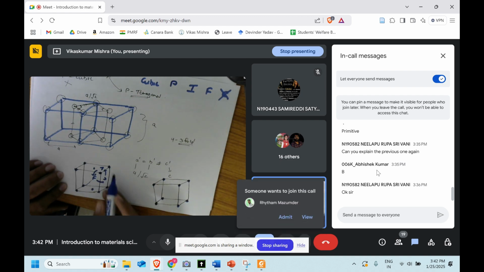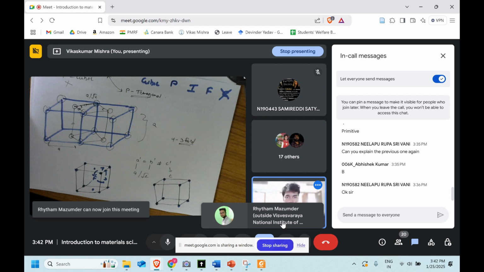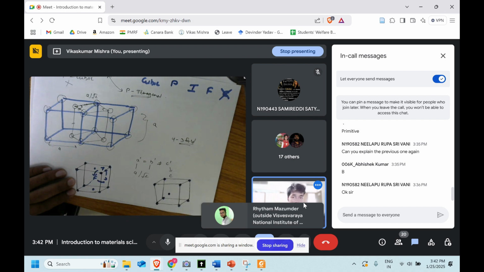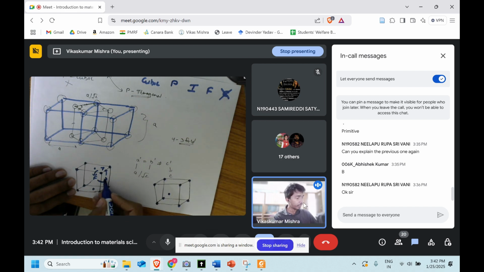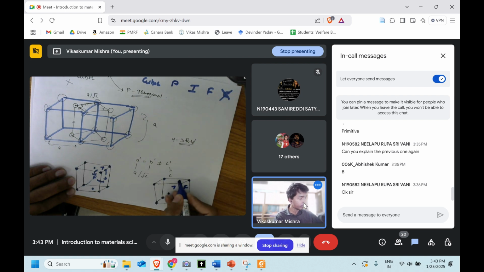This top lattice point will come to the front lattice point, while the side one and this front will go to the side. Nothing is there on the front also. Side will go to the top. So this was the side one, this is the top face, and this was the front face. They interchange with each other, all of them.